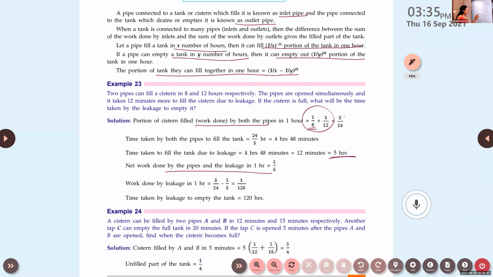The inlet work is 5 by 24, and this is the outgoing water. So the leakage is 5 by 24 minus 1 by 5. Take the LCM and simplify, and you get 1 by 20. Therefore, the time taken by the leakage to empty the tank is 120 hours.